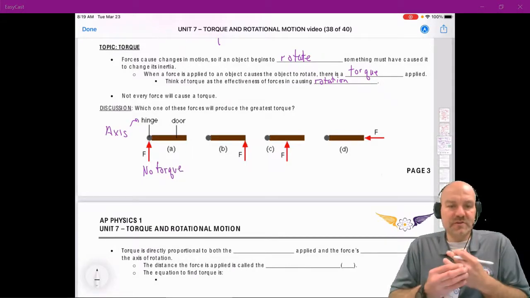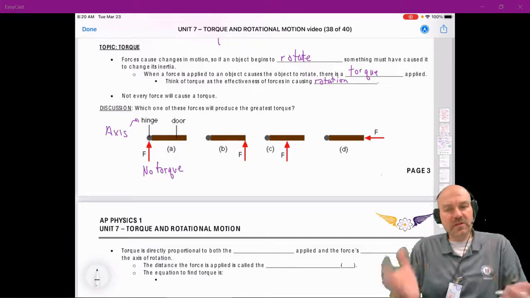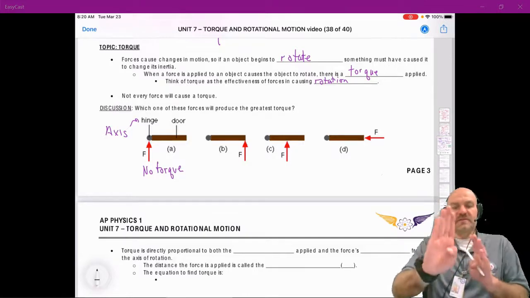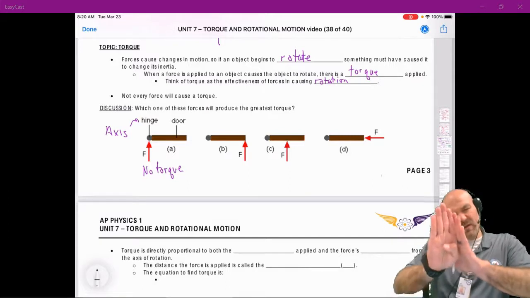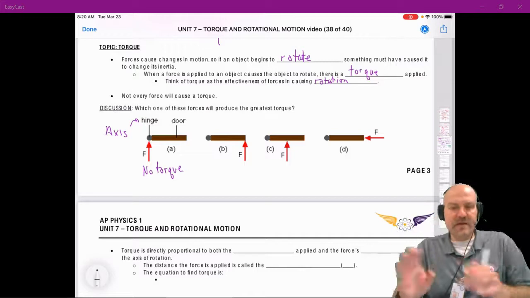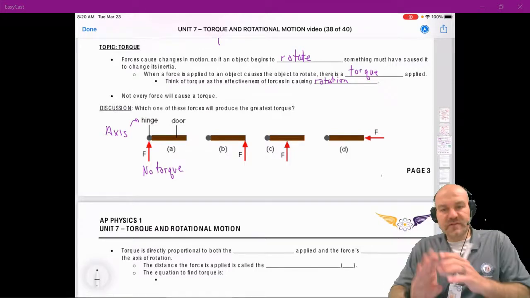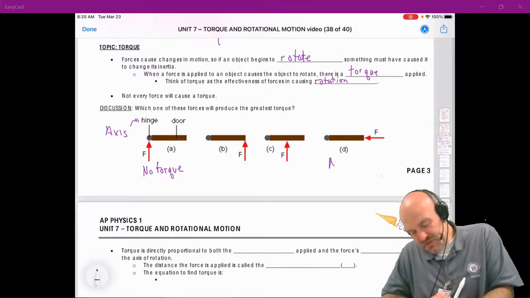The other situation where there's no torque applied is choice D. If this is my door, my pinky's my hinge, and I'm pushing on it this way, I'm not causing a rotation because I'm applying a force that would actually try to compress the door. So situation D would be no torque.